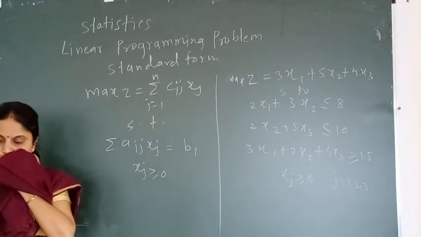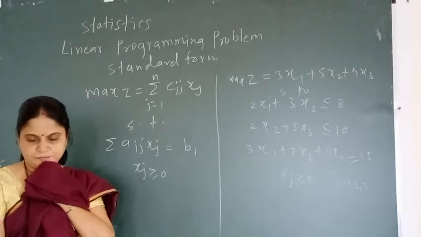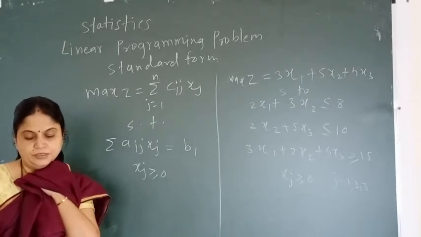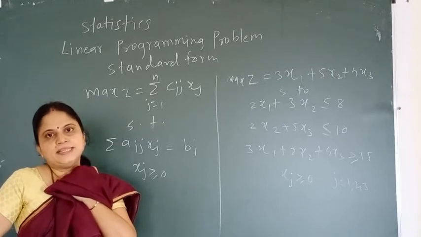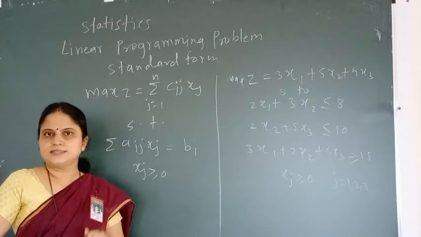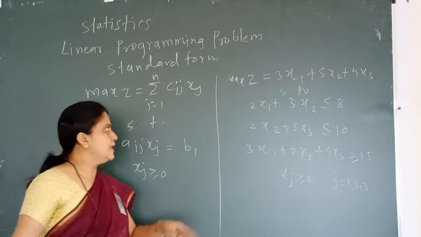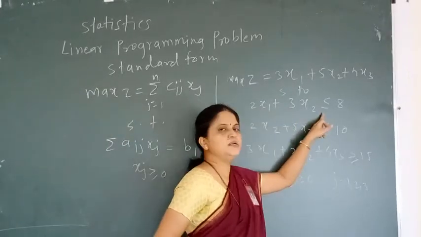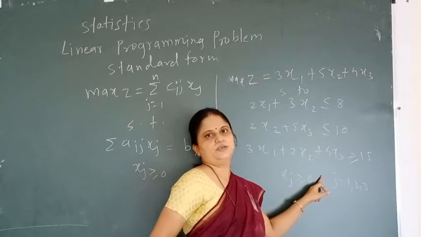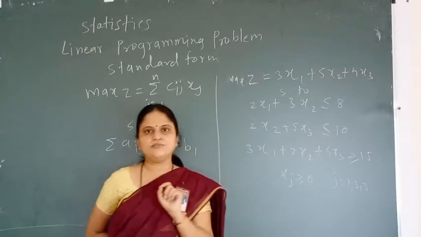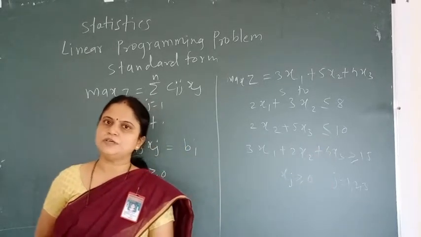So to convert the problem into equal to type, obviously I need to add surplus and slack variables over here. I can add a slack variable here, then a slack variable and a surplus variable over here, so that it is of equal to type.